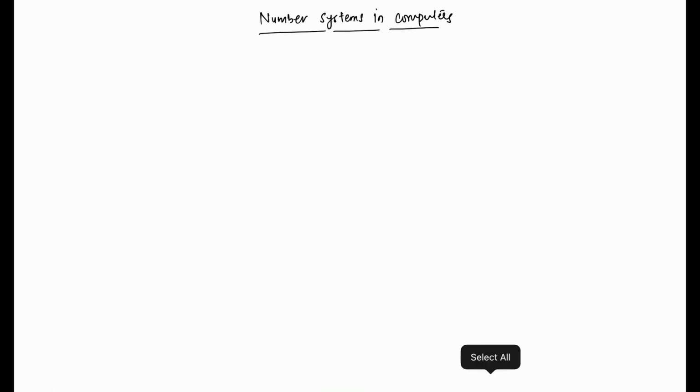So the most common number systems are, first, decimal. This is what we use in our daily life. Its base is 10. Then the another one is binary. Its base is 2. The another is hexadecimal.